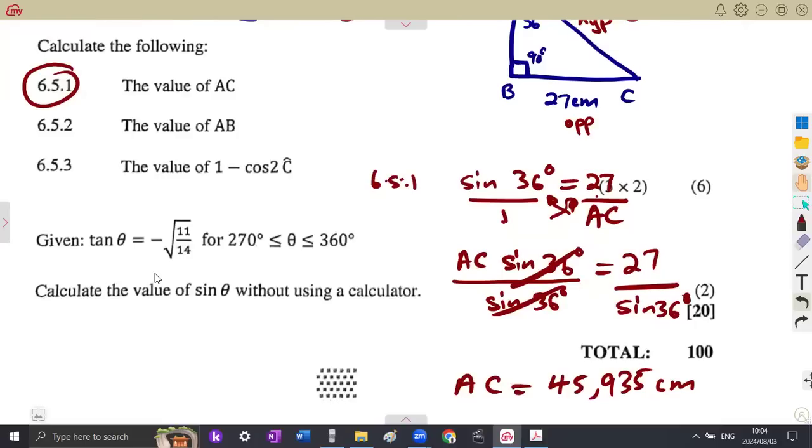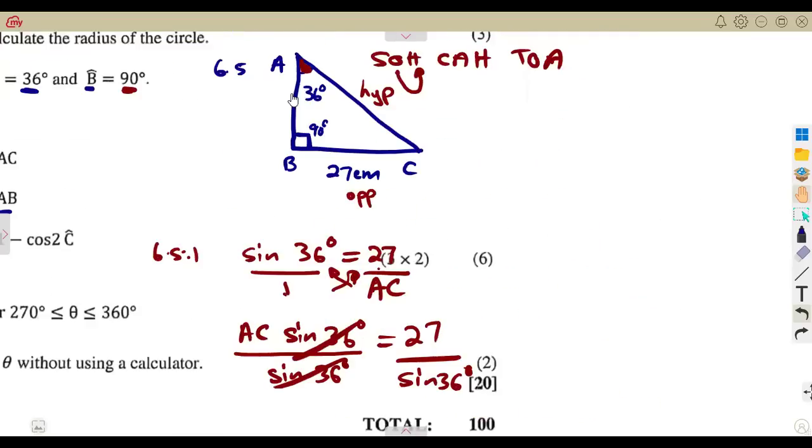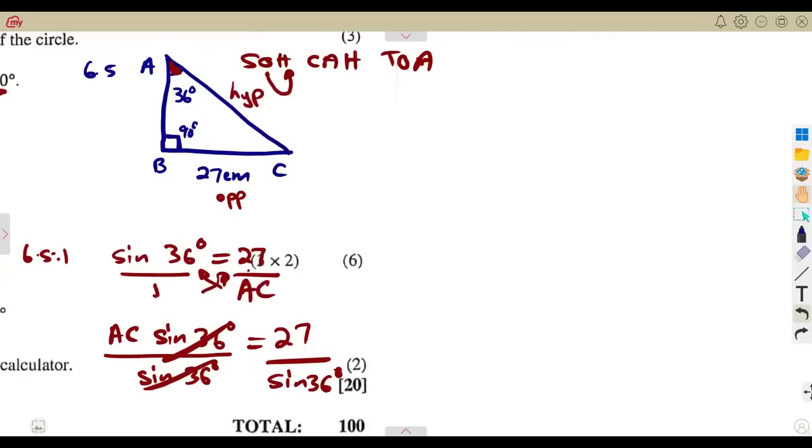We can use those ratios to answer this part. That is in your hands, guys. The same thing even with this part here, 6.52. To calculate the length of AB, since you have AC, you can substitute AC and use Pythagoras theorem to calculate AB, or you can even use the trigonometrical ratios again, because this time we need this part of AB.